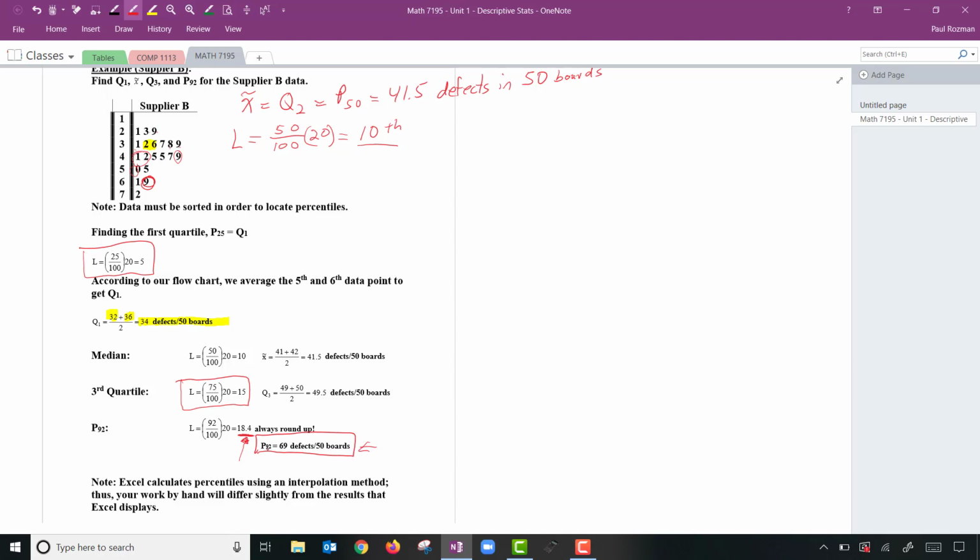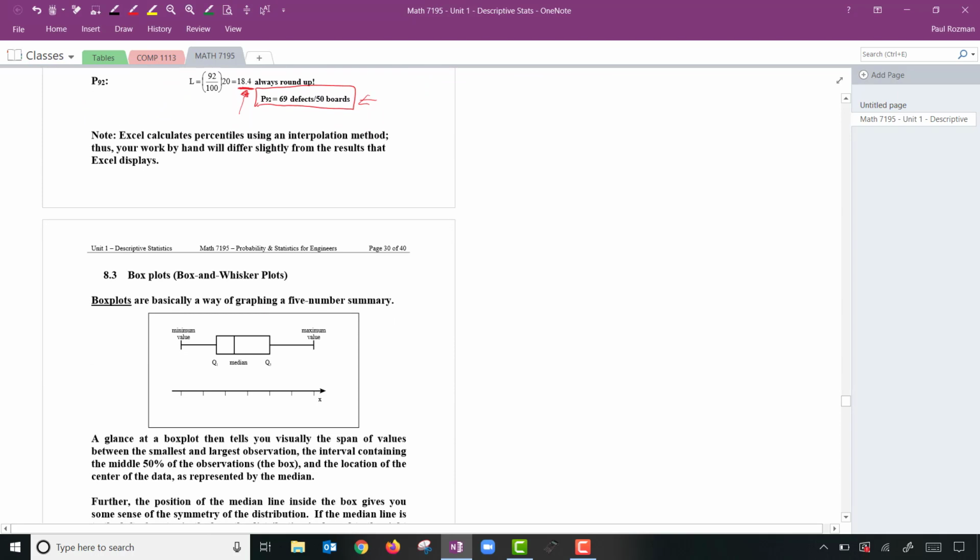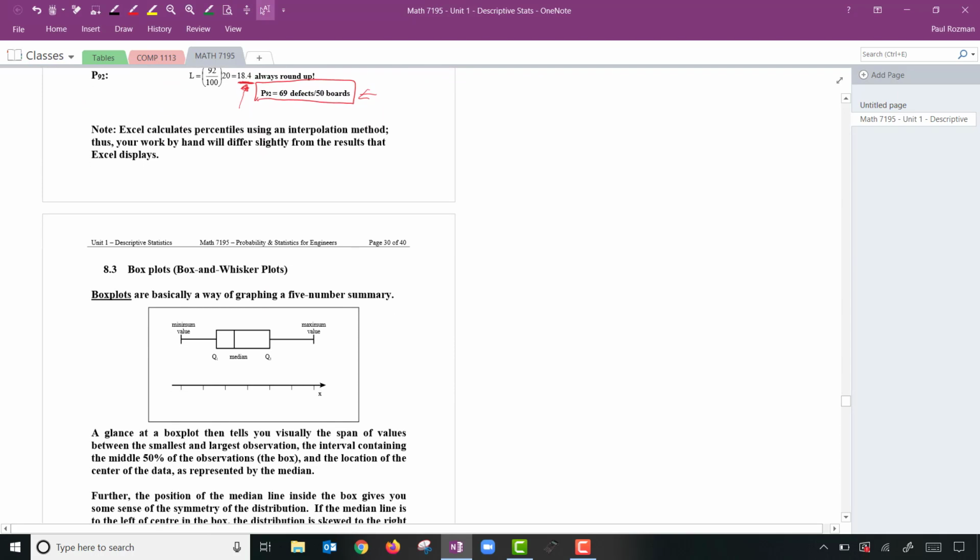You can imagine, how do I find the 93rd percentile and the 94th percentile in a set of data that only has, say, 12 values? I mean, there aren't enough values in the list to have different values for each of these. So say the 93rd and 94th percentile would probably be the same number. But that's just a problem that you run into with small data sets.